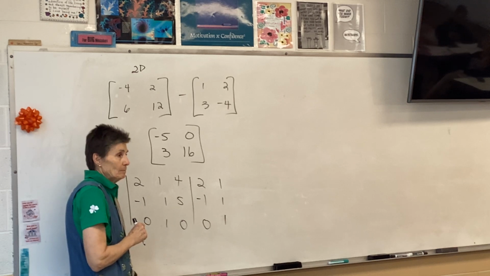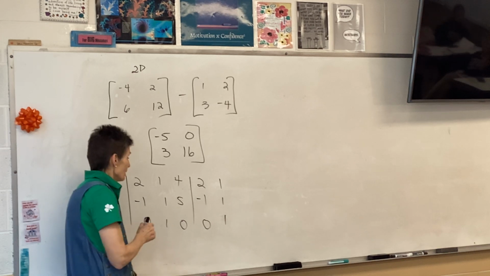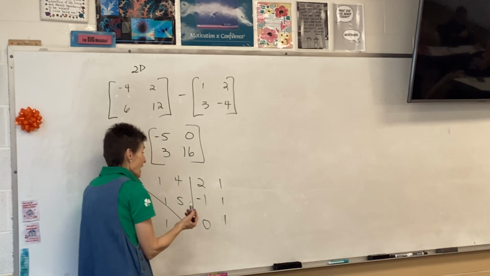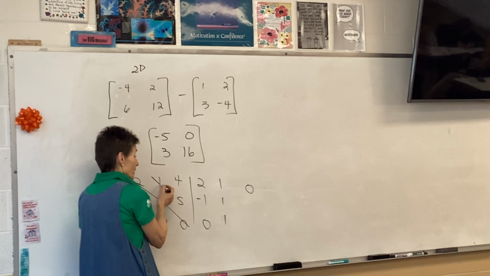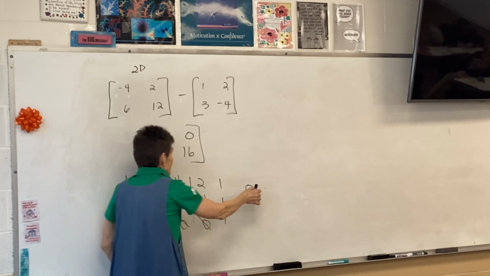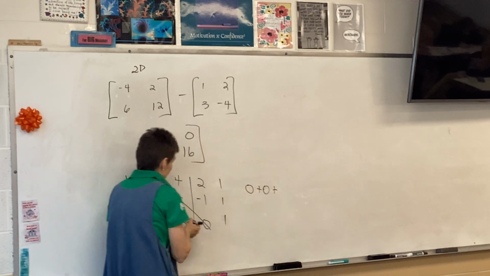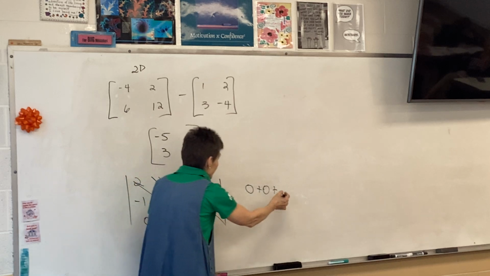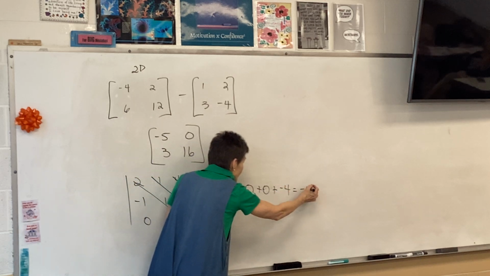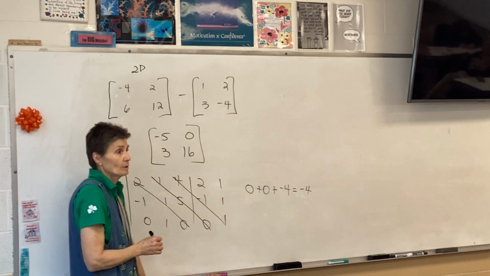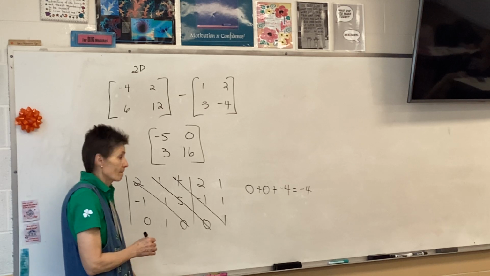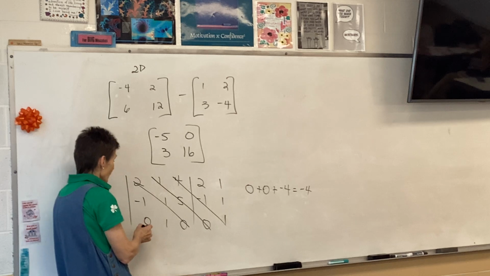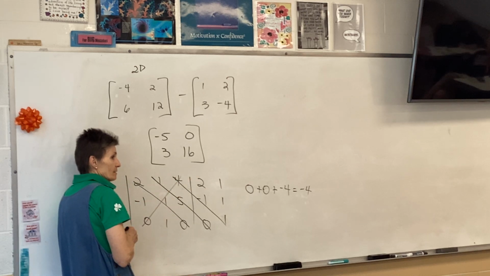Now what? Multiply. That's gonna be a 0. Oh, here's gonna be another 0. And then I'm gonna have a -4. So those total up to -4. All right, now we're going this way. That is 0.